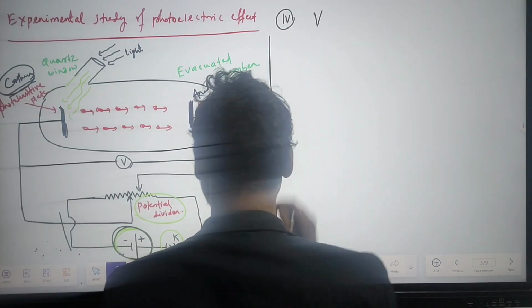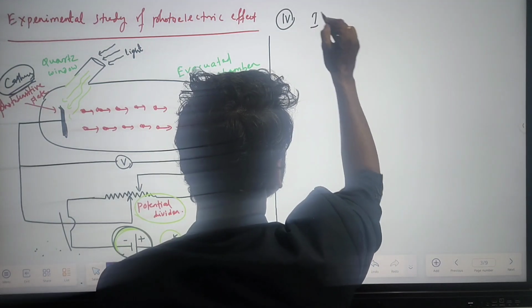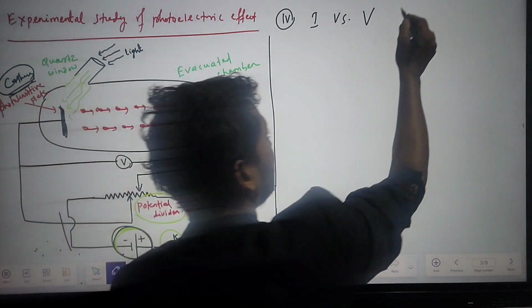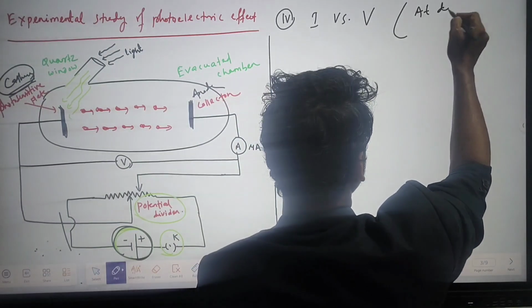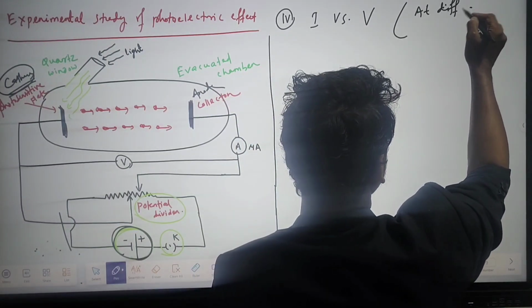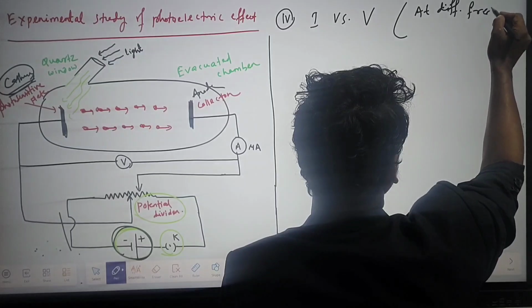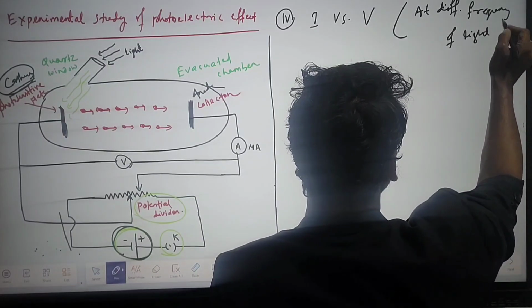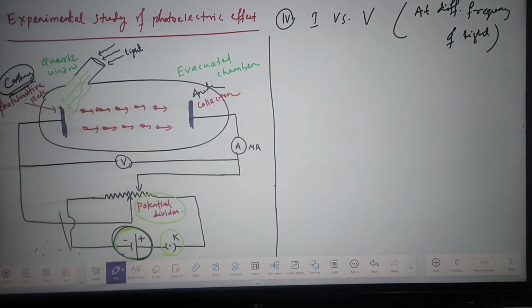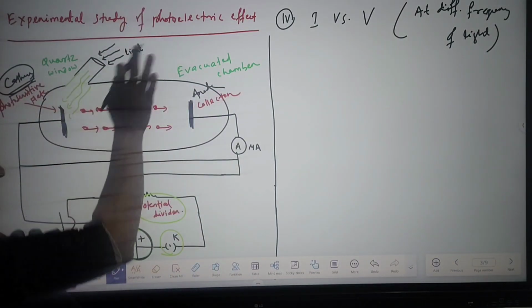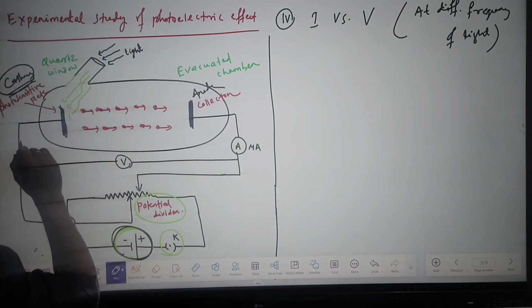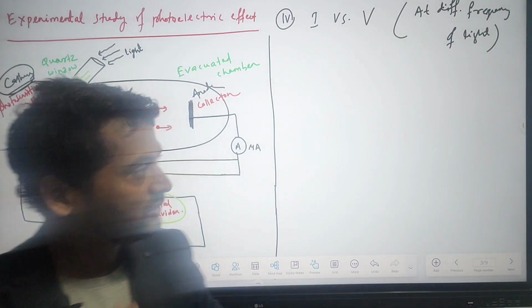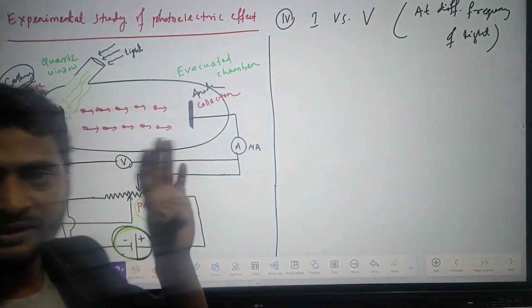What is the variation of photocurrent with respect to anode potential at different frequency of light, keeping intensity constant?